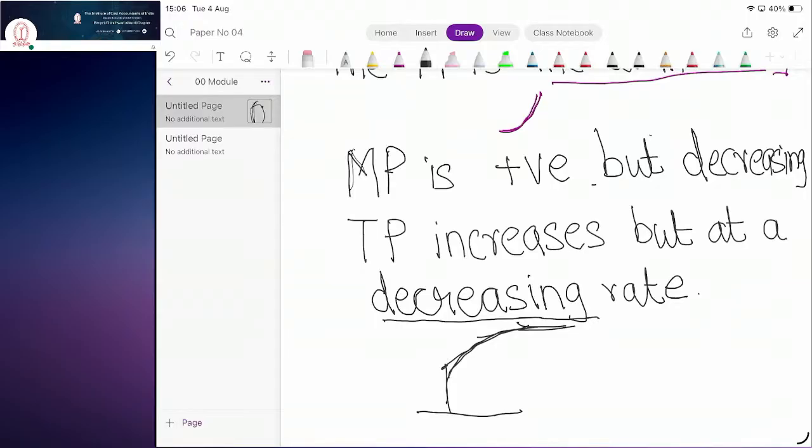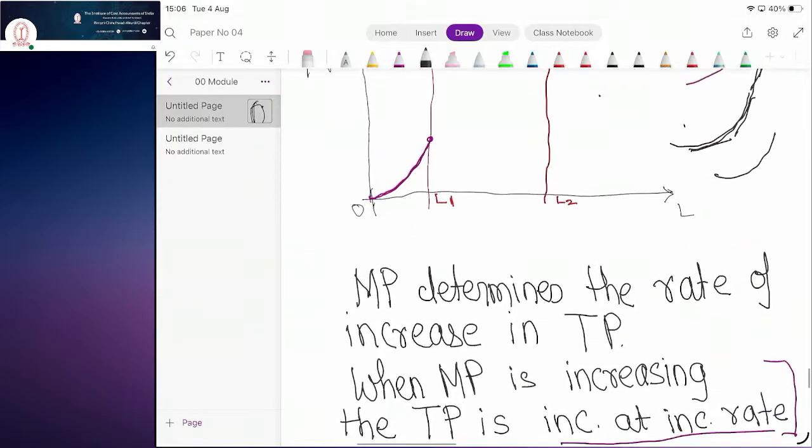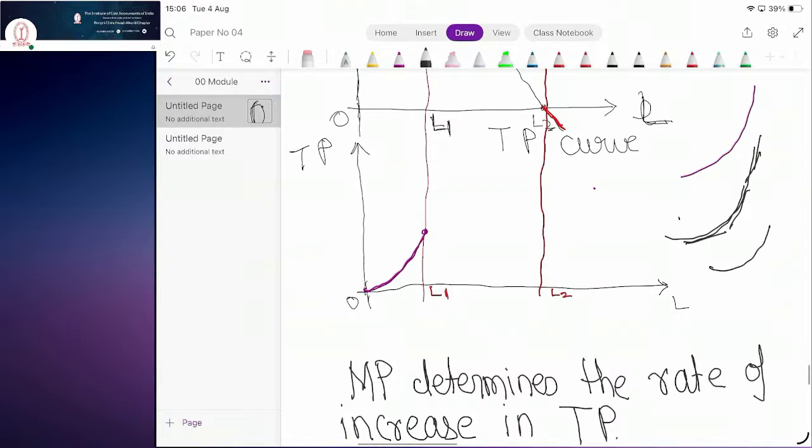So in stage 2, our curvature of total product curve will change. It will go up at a decreasing rate like this. Got it? Earlier it is like this, now it is like this.